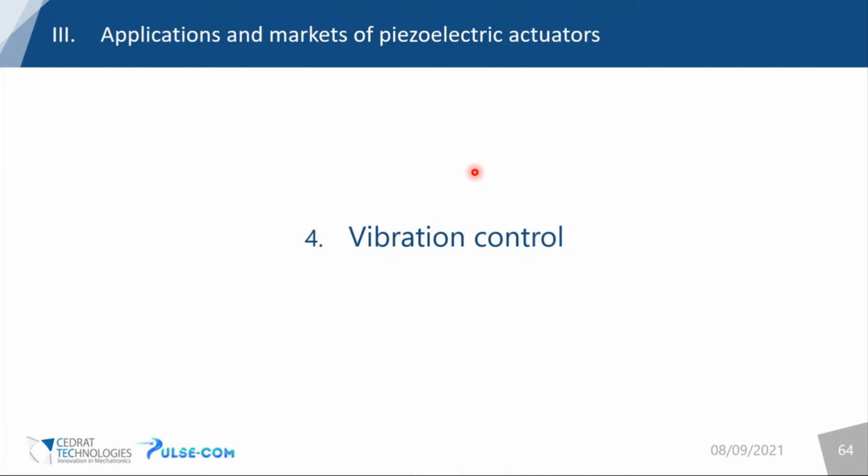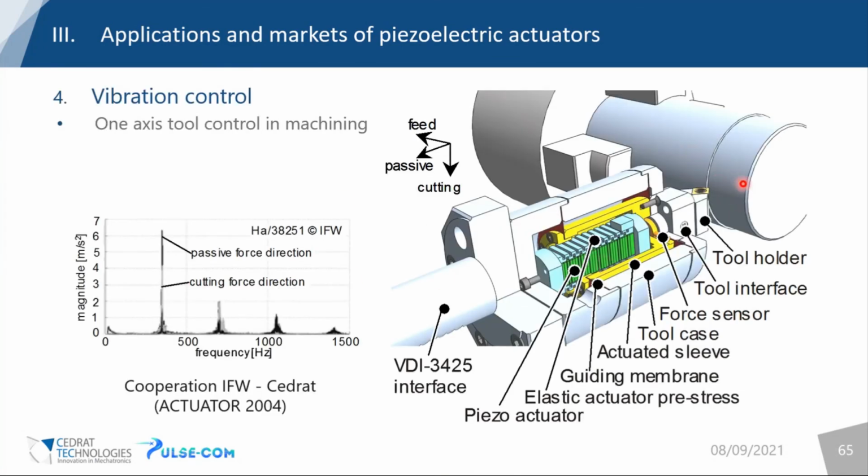Another very interesting application for piezoelectric actuators, which I think has a market, is vibration control. During machining, you have the tool that you have here machining the material here. For instance, it is a turning application.